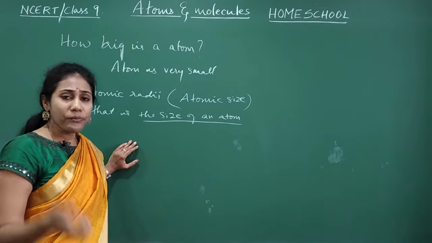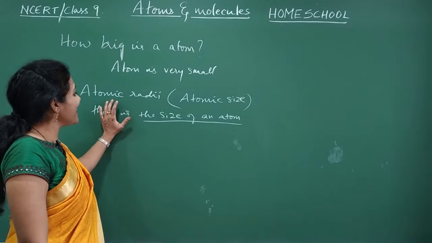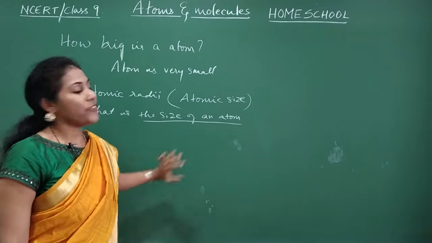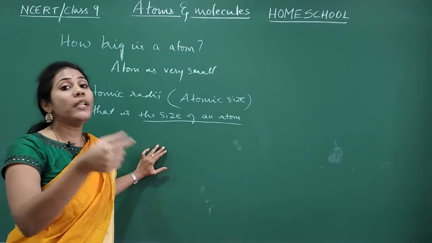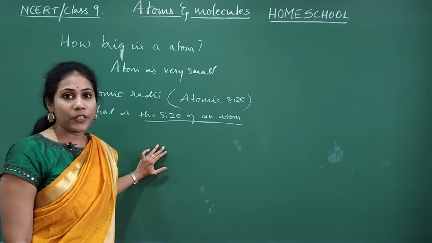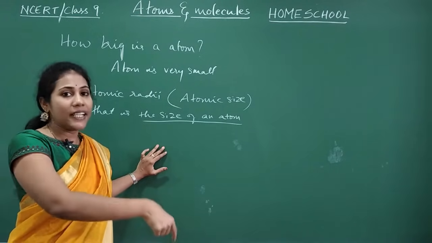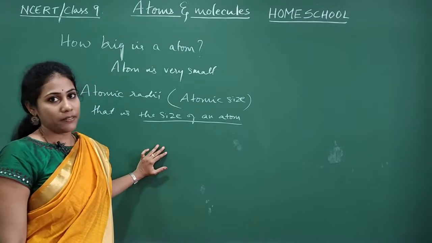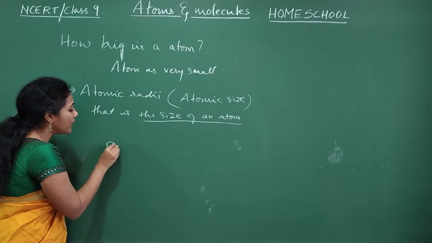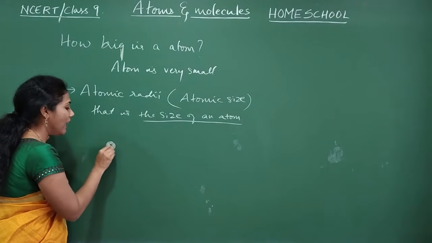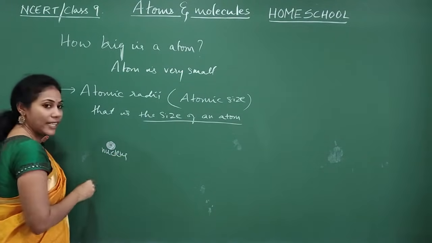Usually if you know the structure of the atom, you can easily understand what the size of an atom is. About the structure of the atom you will be studying in the next chapter. Till then I will just give a basic idea, try to remember that. Usually an atom will have a nucleus at the center. It will have a hard mass called the nucleus.